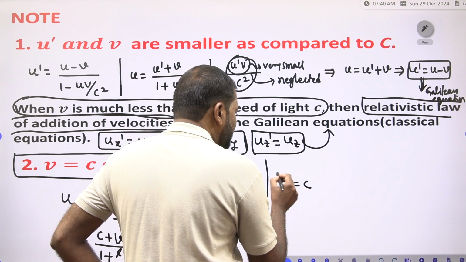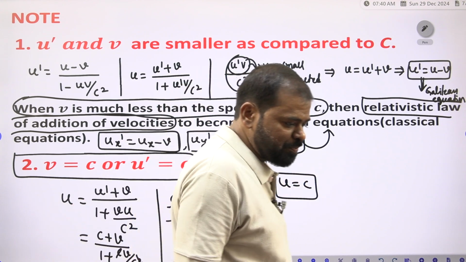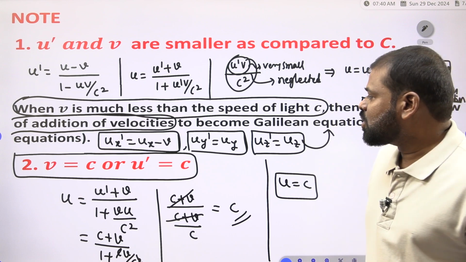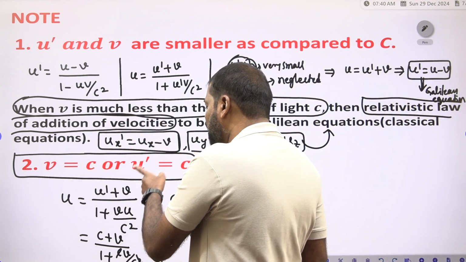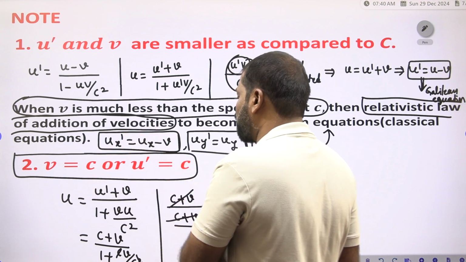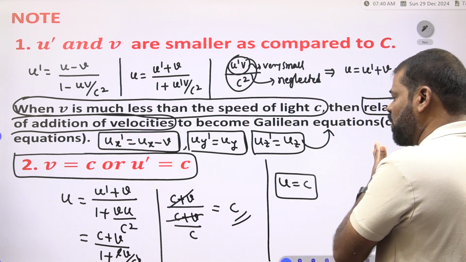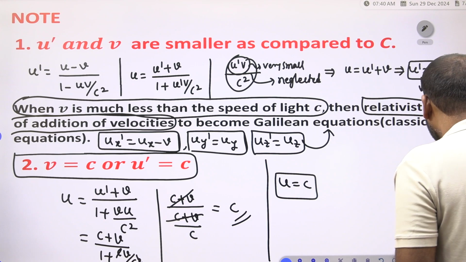Therefore we get u is equal to c. This is very important. Not only when v is equal to c, but also when u dash is equal to c, you get u is equal to c only. Clear?